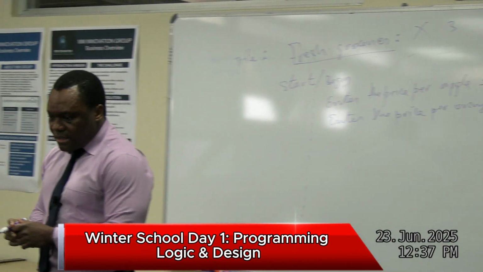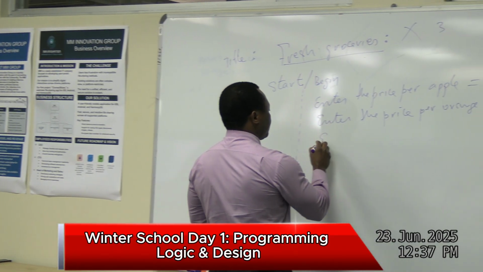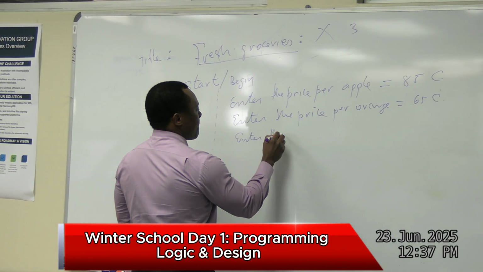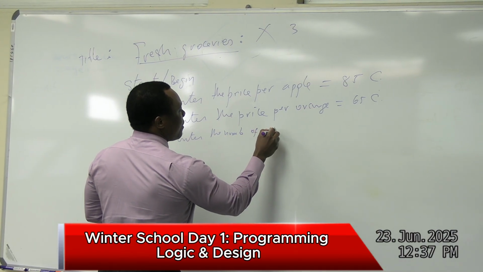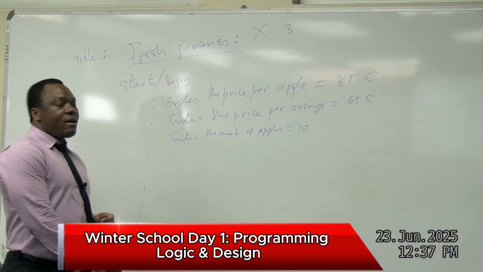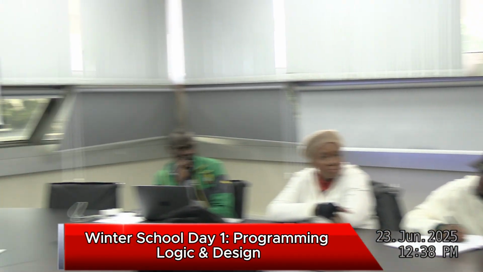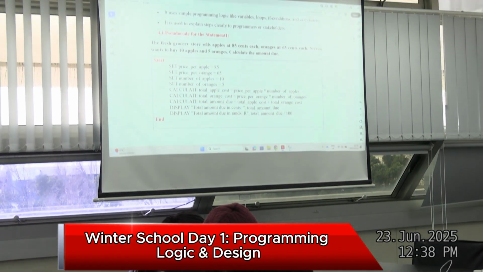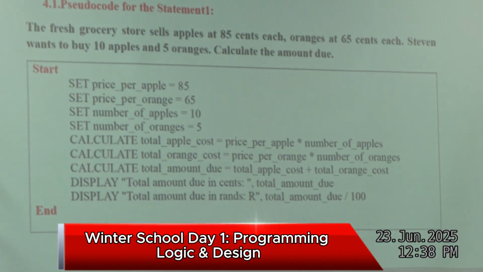The third one is enter the number of apples assigned to what? That's assigned to what? To 10. Another one is enter the number of oranges that is assigned to 5.